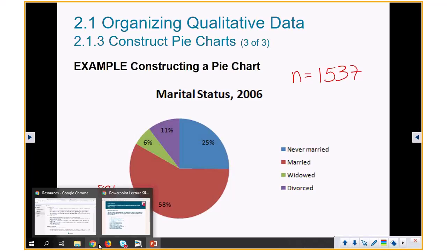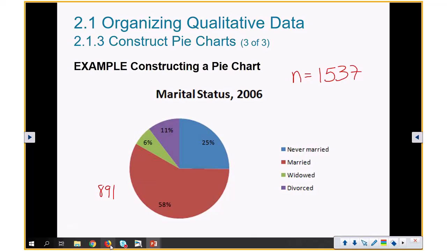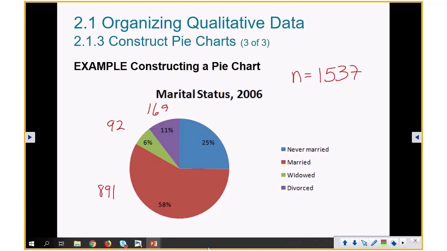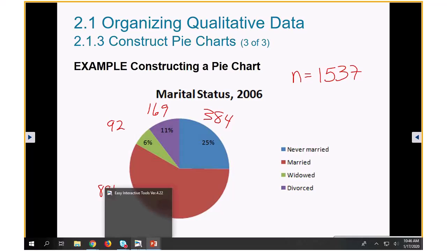So 0.06 times 1537. 92.22. So 92. 0.11 times 1537. 169. 0.25 times 1537. 384. Now add all those together. And you should get what?